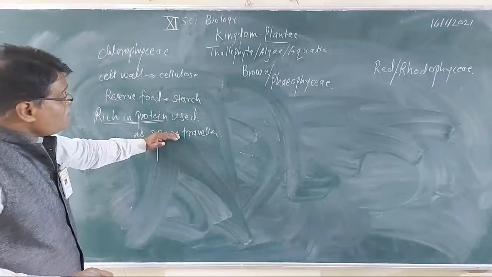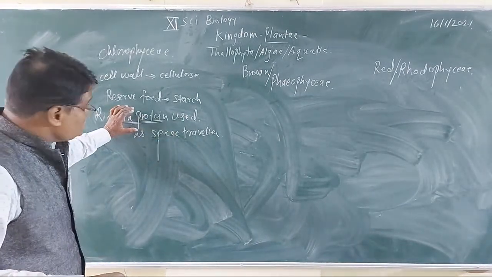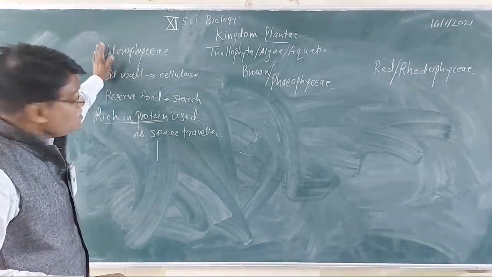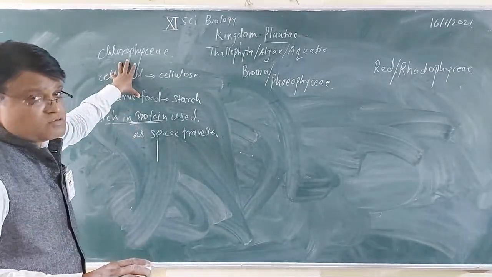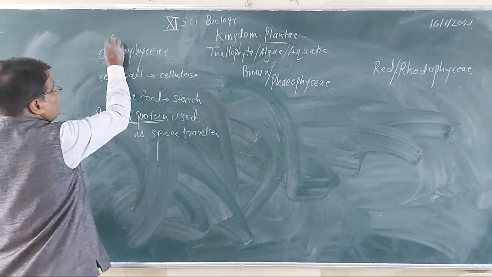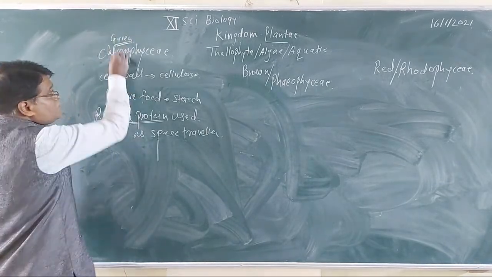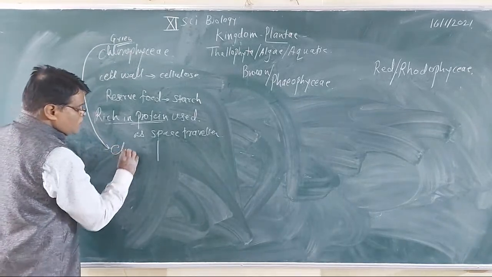This is the basic characteristics of chlorophyceae. It is green in color, which means the green pigments are there.